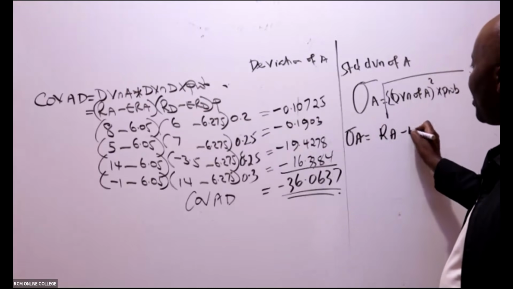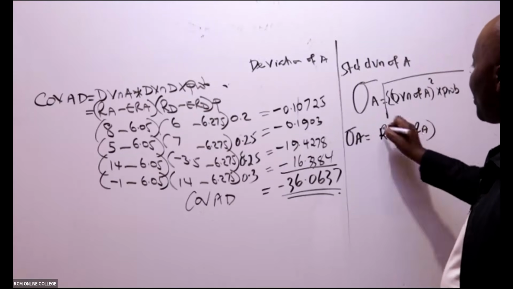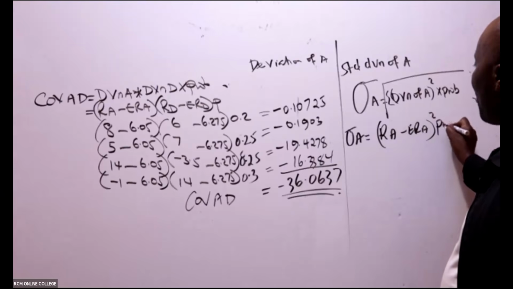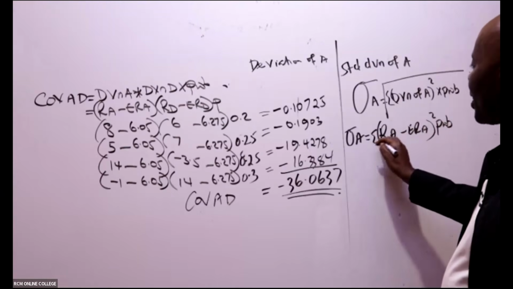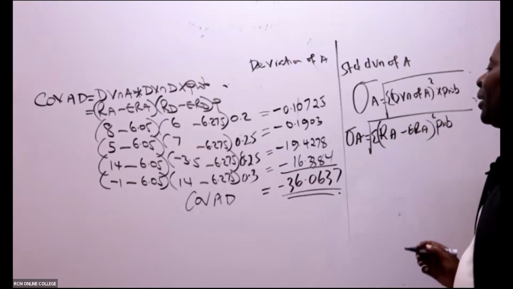It is RA minus ERA. We square this times probability, and then, of course, we sum. Then square root like that.